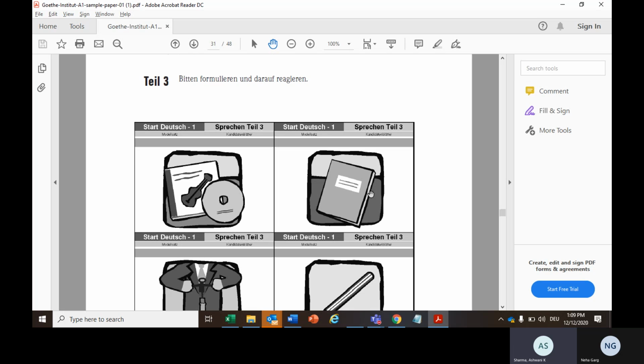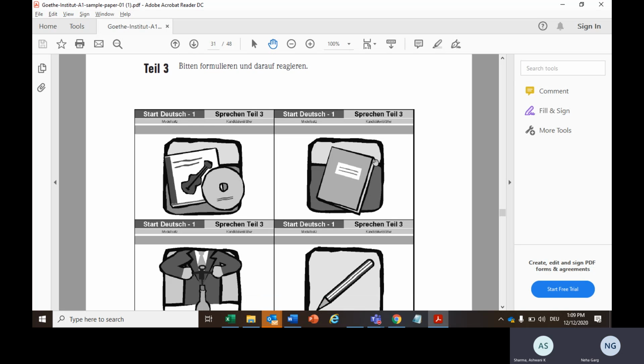And bitte geben Sie mir das Buch. But don't do it like that for each word. Let's say if I'm making the sentence or any request for the book, then maybe I can ask you, welches Buch liest du? Which book do you read? Then maybe you can say, ich lese.